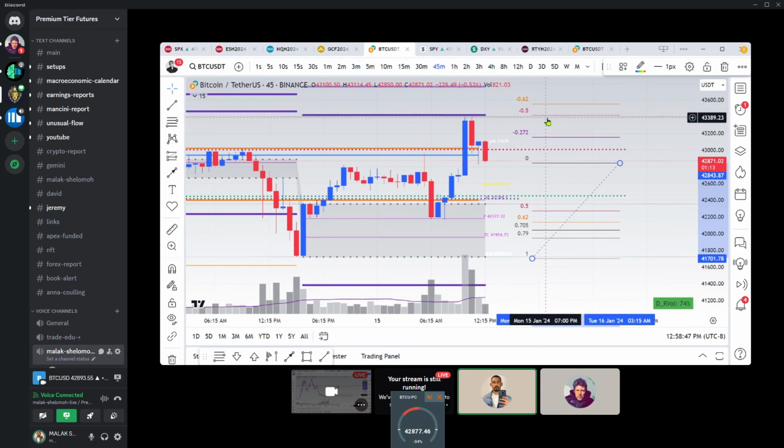So again, it's avoided S1 and it's tapped very close to R1. So that's pretty bullish. Doesn't mean it won't pull back to the daily pivot and the IB range. I think it could pull all the way back to IB low and still be bullish.